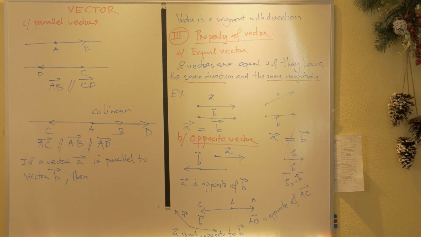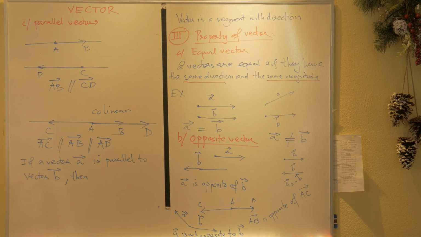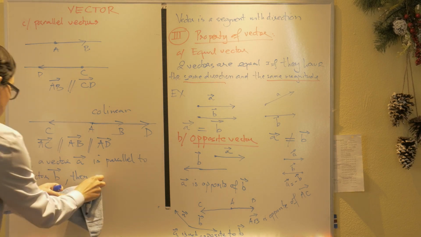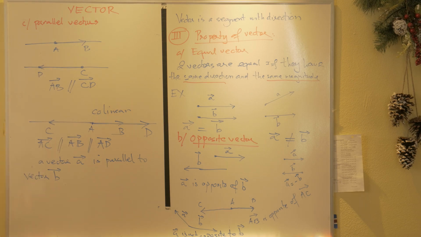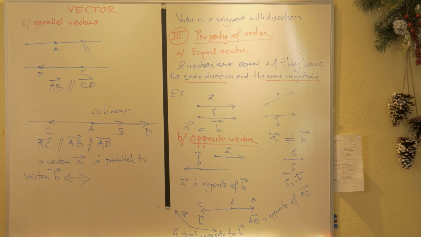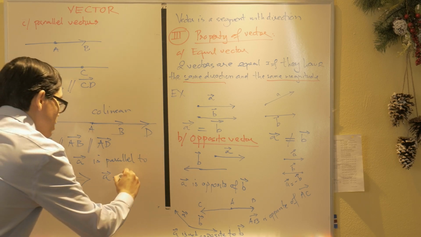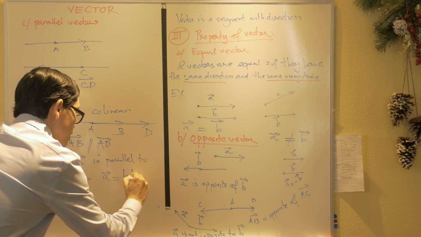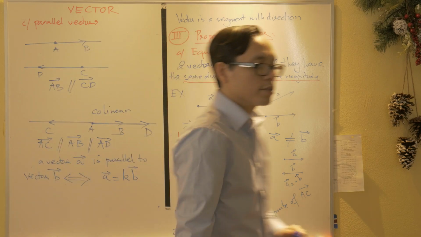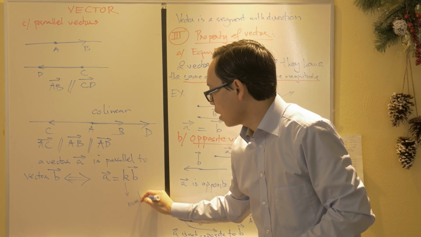Vector A is parallel to vector B. This is equivalent to vector A equal to a scalar times vector B. Scalar, so this is a k number. It's just a number.